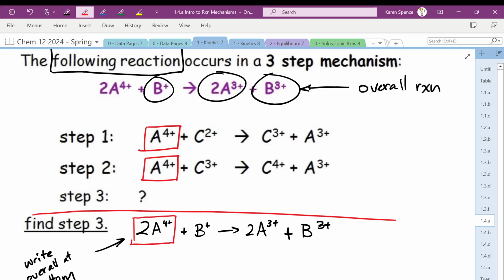We just leave them alone because we're going to want them to add downwards. Do we have a B plus in the reactants? No. So where does B plus have to appear? In the reactants in step 3, because it's not in step 1, it's not in step 2, it has to appear in step 3.